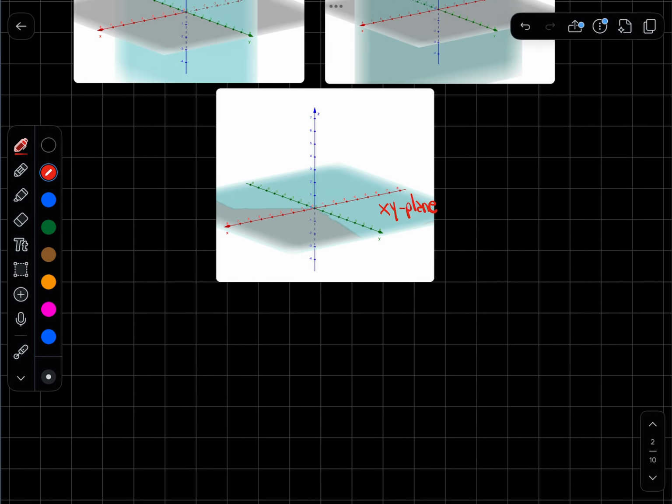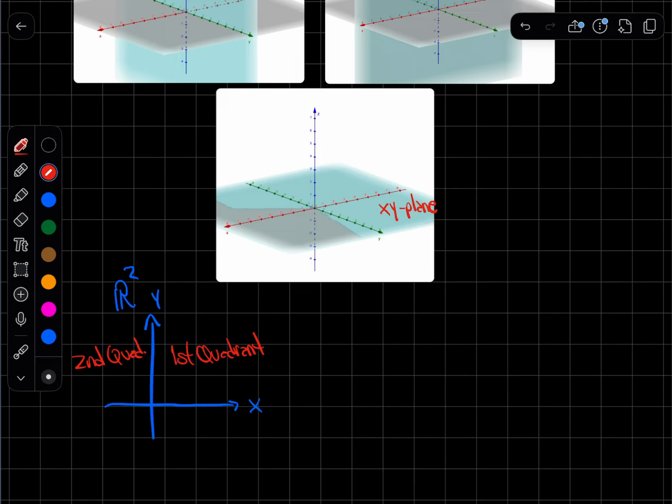One thing that happens, I don't have a computer generated picture for this, is remember in R2 how you had the x and the y axes, and those divided the plane into 4 parts. You had the first quadrant, the second quadrant, and this is the third quadrant, and the fourth quadrant.